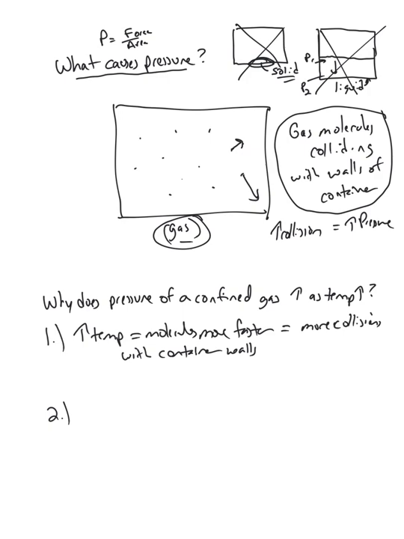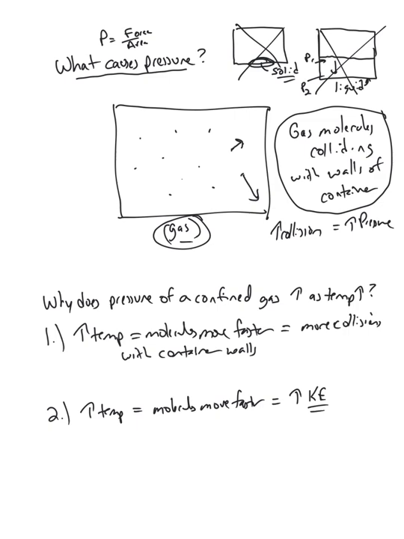Okay? The second one students struggle with getting. They usually understand the first one. The second one, very few students get this one right. But hopefully now after you listen to this lecture, you'll get it right. When I increase the temperature, the molecules are moving faster. And because they move faster, they now have an increased kinetic energy.